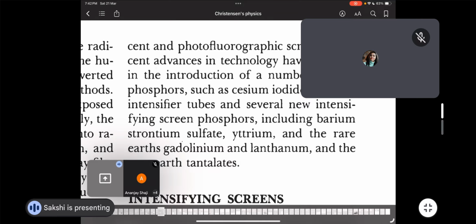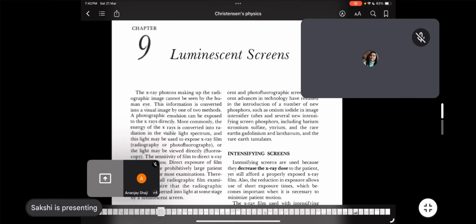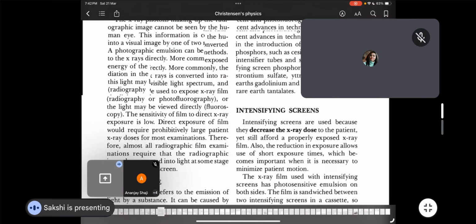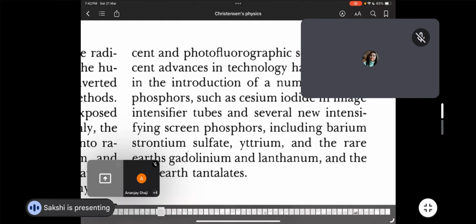Once you expose it to radiation, it converts it into visible light, and that is further converted into an image with the help of this data. Please write in your own language, and your own language means your mother tongue also, because that will stay in your brain.